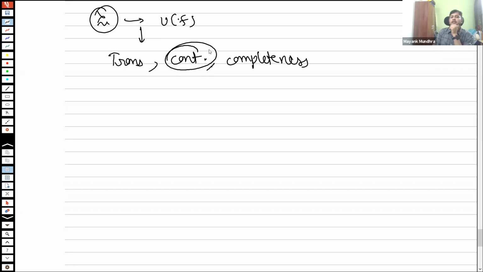Now, this continuity is something which comes into the picture. If preferences are continuous, then the utility function is also continuous.